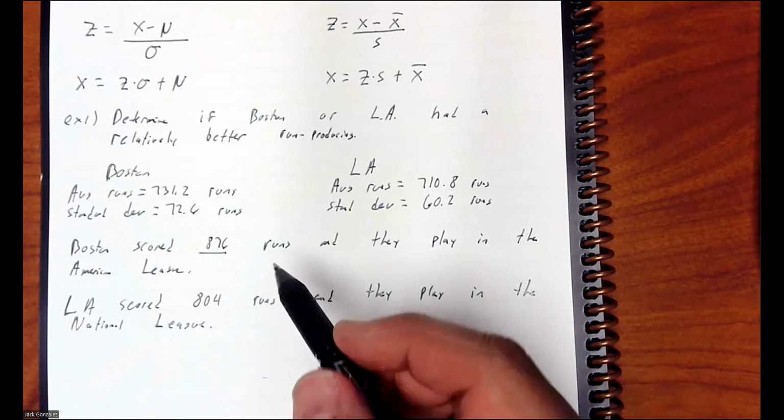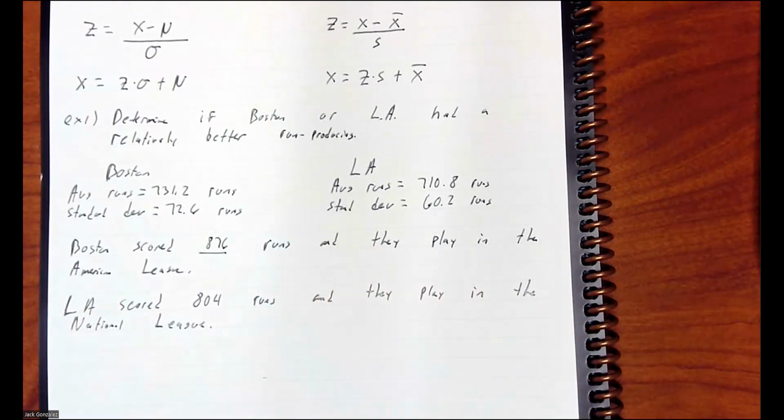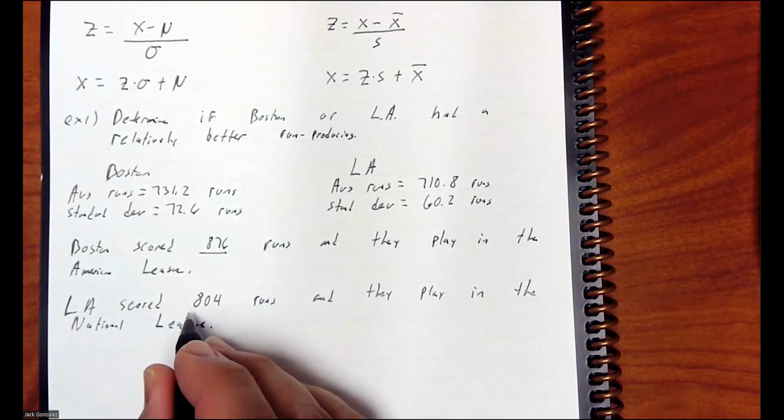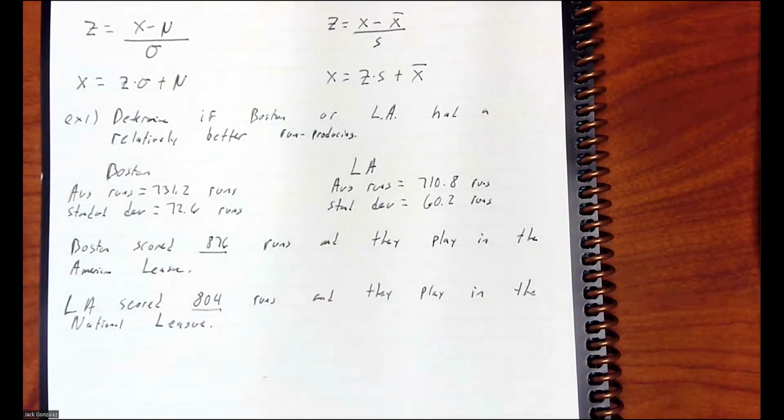So it's just for like some random year. Okay. So based on that year, which team produces more runs? But relatively.